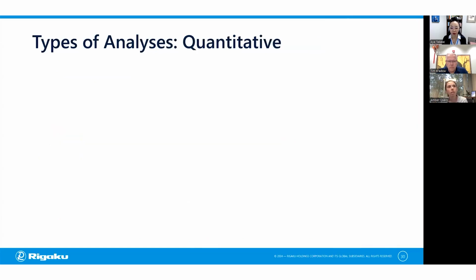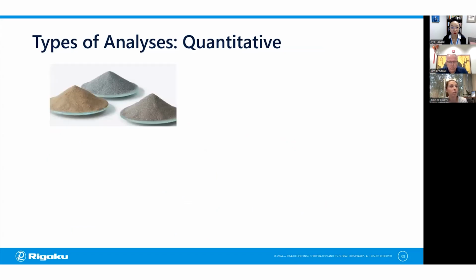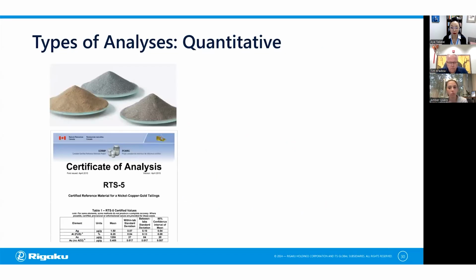And then for a quantitative method, so that third type of analysis, if you will, you'll ideally use a standard material that has a certificate with values. Another option in this case would be if you have another trusted technique like ICP, where you have in-house materials that you can then either do ICP analysis on or have outsourced to another lab to produce those standard values.